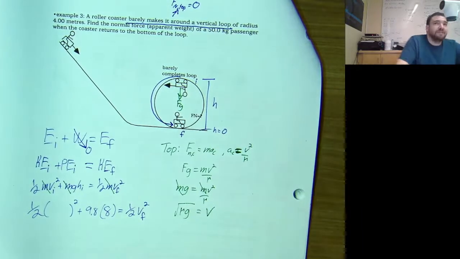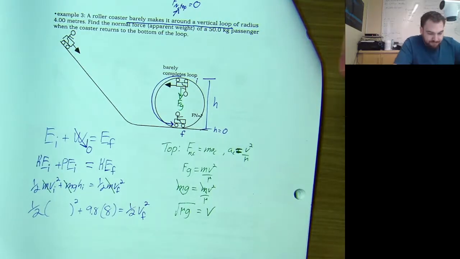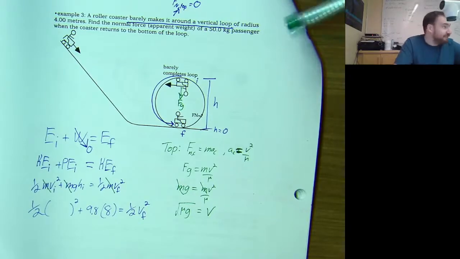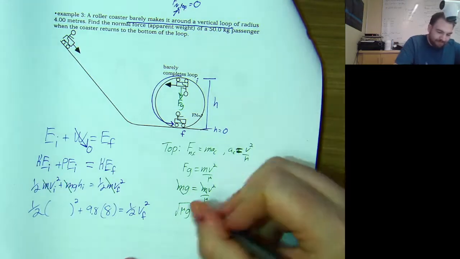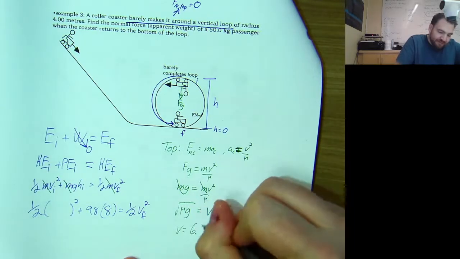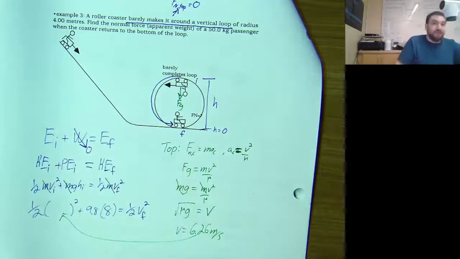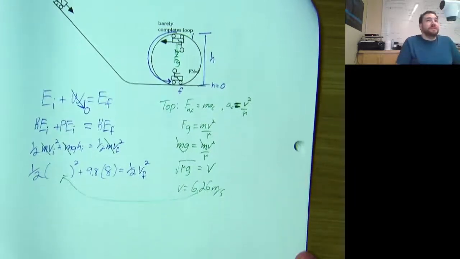That's nice. So how fast is Buddy Guy going? Implication here is it doesn't matter what the mass of the rider is, which is pretty cool. 6.26 meters per second, and that's going to go in here, the initial velocity for the energy part of the problem.